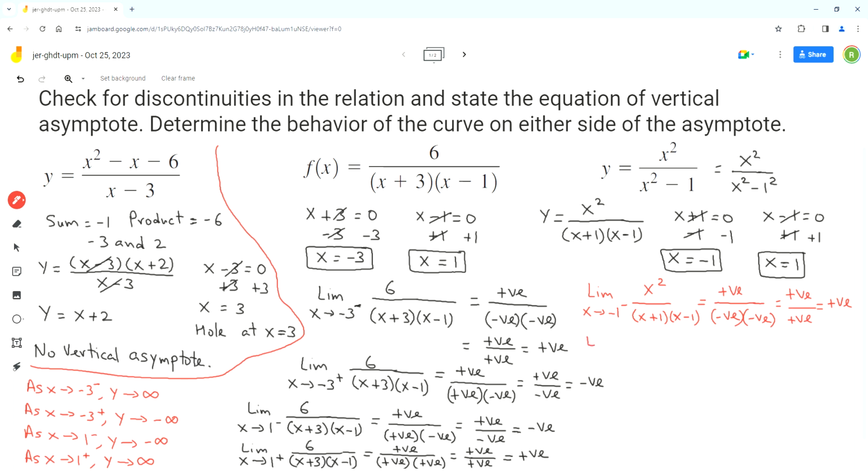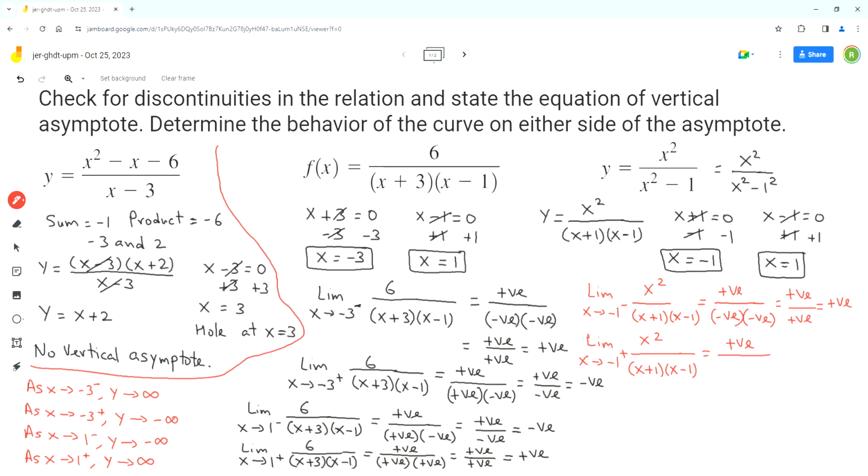The overall value will be a positive number. Now we can analyze the behavior on the right side. So x approaches -1 on the right side, x squared over x plus 1 times x minus 1. Now the numerator will be positive for all x values, positive and negative.